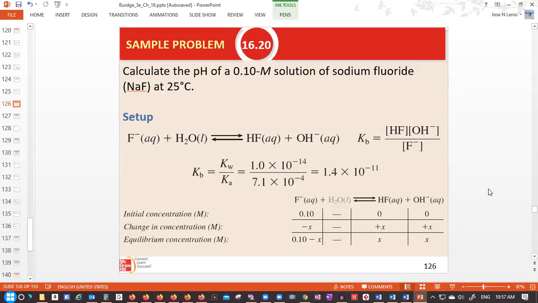We set the equation. The problem gives you only this information. And I always have the question, how do we start? How do we know what reaction we need to write?